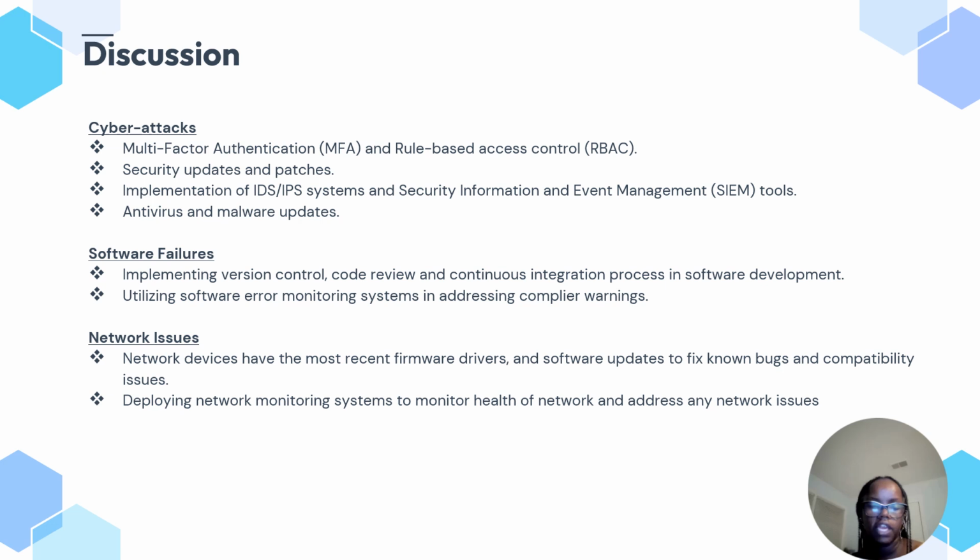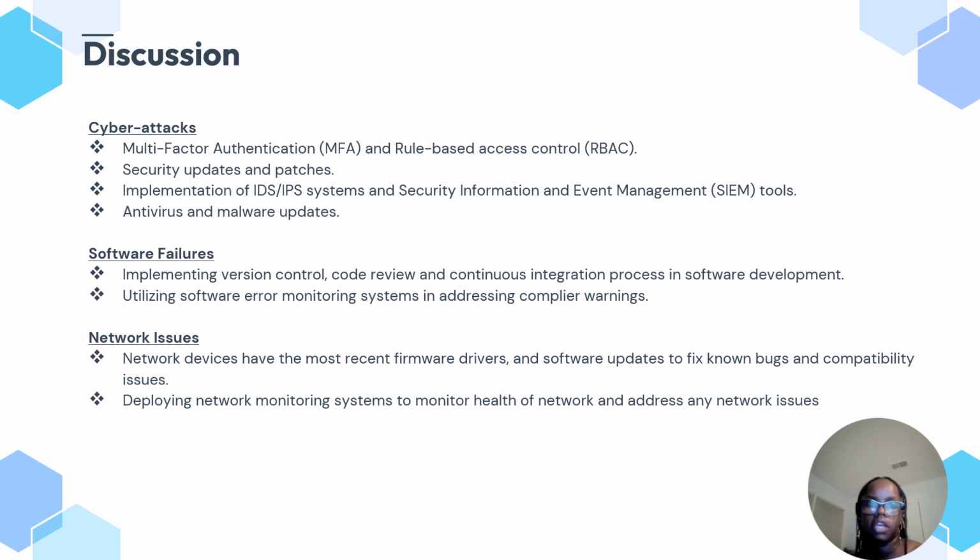Under the software failures, we had implementing version control, having code reviews, continuous integration, and utilizing software for error monitoring in regards to addressing compiler warnings. Under network issues, we were able to ensure that the network devices had the most recent firmware drivers and software updates in order to be able to fix the bugs, compatibility issues, and having a network monitoring system to monitor the health of the network.